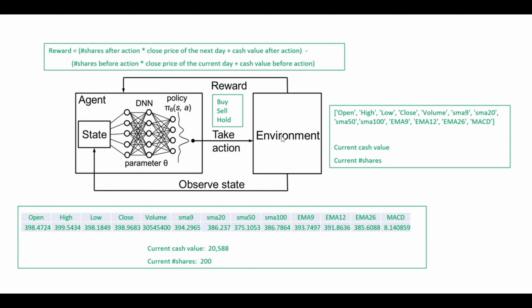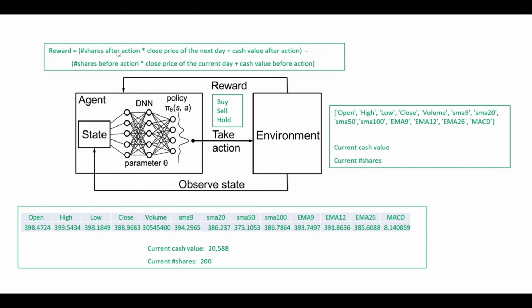And also, this change on the environment will bring a reward to the agent. So here, the reward will be calculated by the total account value, including the cash value plus the number of shares times the close price of SPY at the next day.